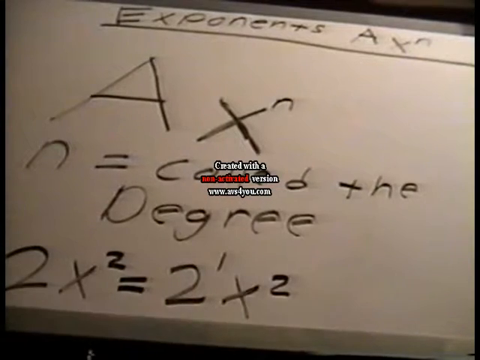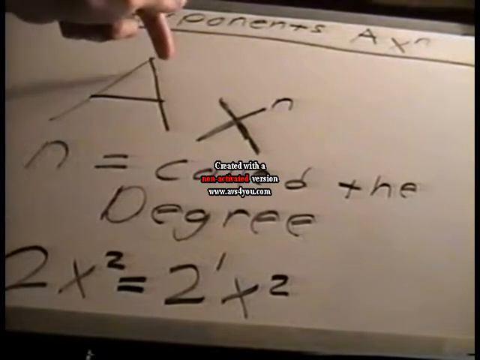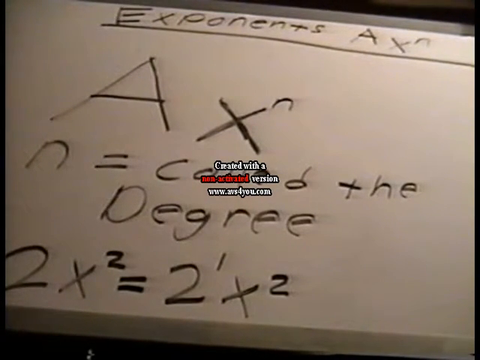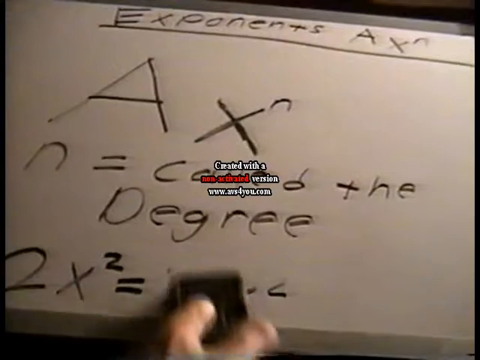Now I want to show you this because I wanted to show you the basic anatomy of all terms that we're working with, and that way we can really get into the last part of this segment, which I've been working up to. Now we want to talk about terms in the form ax to the power of n.